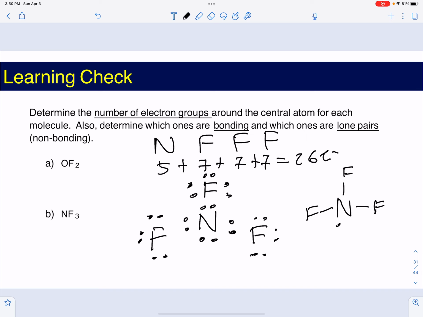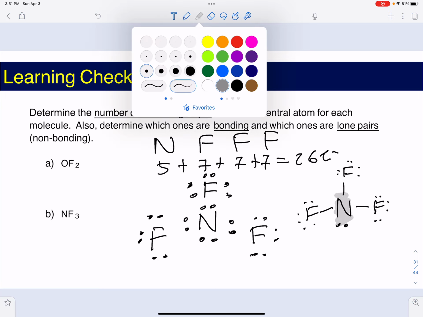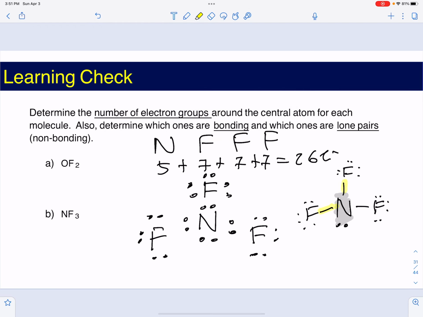It will also have 2 electrons there, and then each fluorine has 8 electrons altogether. So nitrogen is my central atom, and it contains 3 bonding and 1 non-bonding, or 1 lone pair.